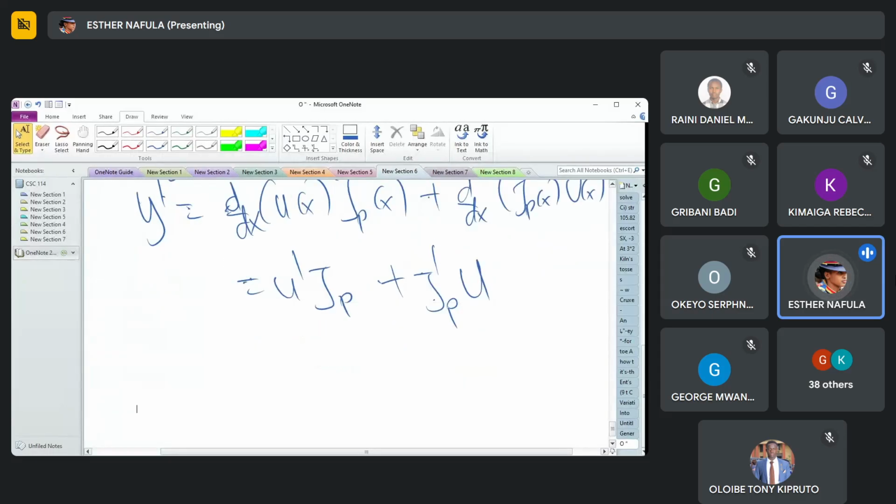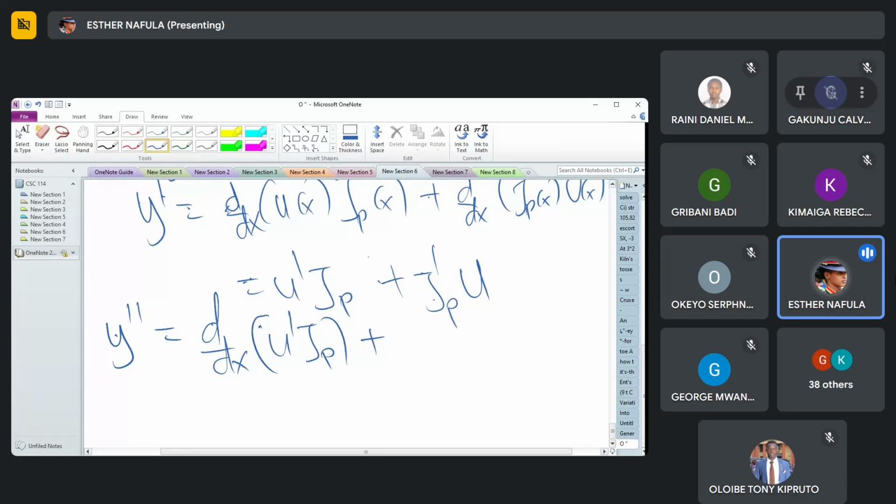We need the second derivative, y double prime. We will differentiate the first derivative, so we get d/dx of u prime Jp plus d/dx of Jp prime u.